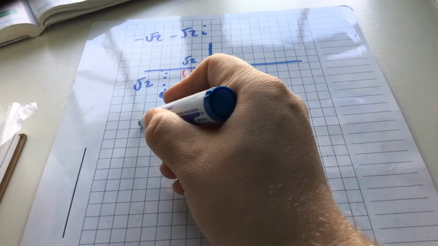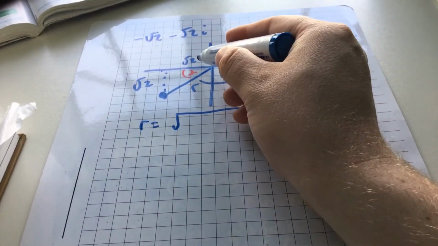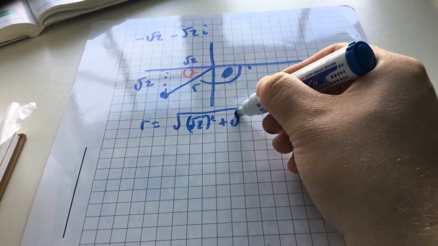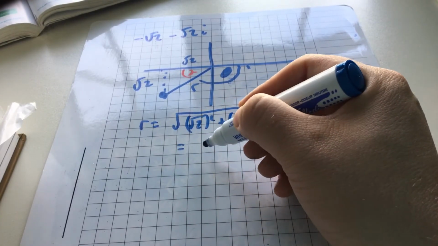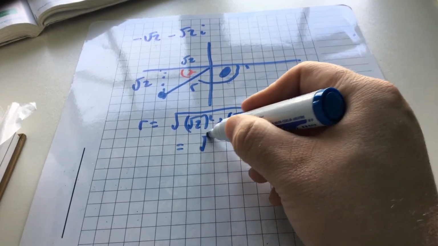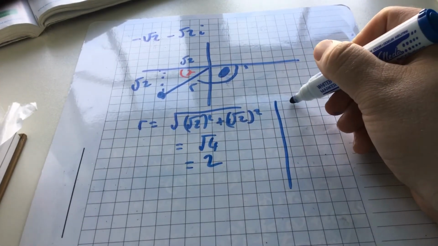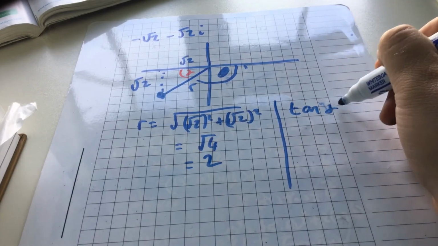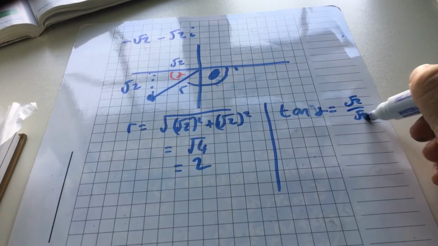So, r is the square root, Pythagoras' theorem, this squared plus this squared: root 2 squared plus root 2 squared, which is, again, root 4, which is 2. Not always 2, just so you know. And then tan alpha is root 2 over root 2, which is 1.